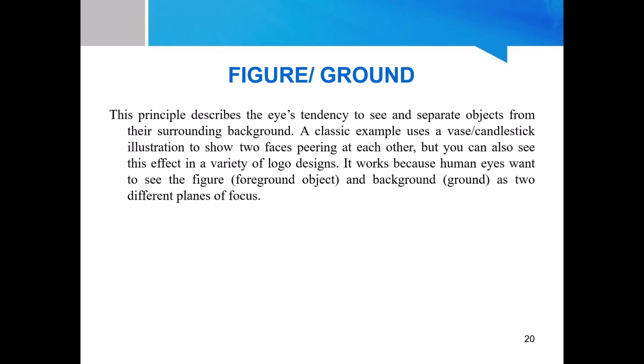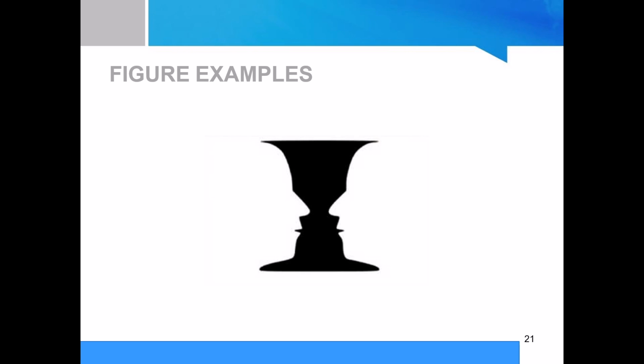Figure and ground. This principle describes the eye's tendency to see and separate objects from their surrounding background. A classical example is the vase and candlestick illustration showing two faces peering at each other. But you can also see this effect in a variety of logo designs. It works because human eyes want to see the figure, which is the foreground object, and the ground, the background object, as two different planes of focus. So this is its example. As we can see, there is a vase as well as two faces.